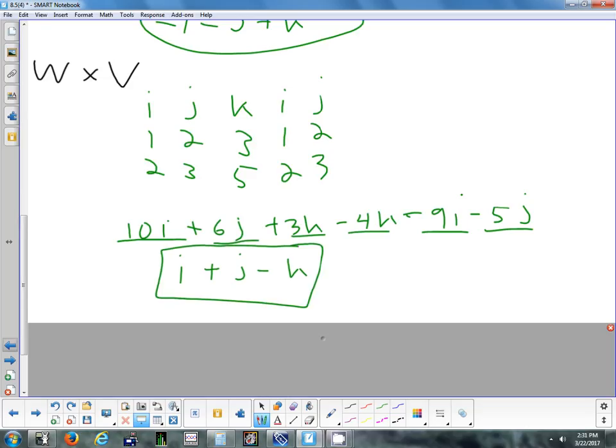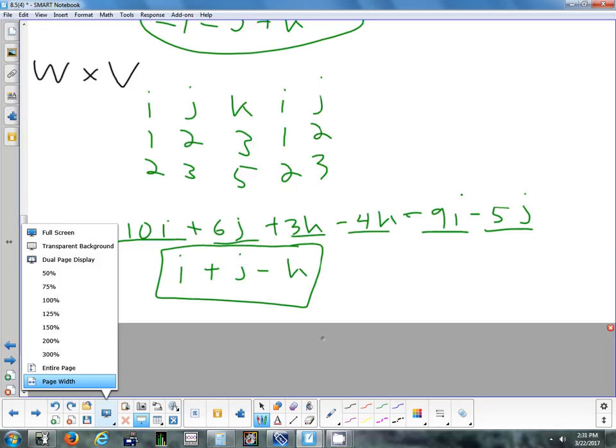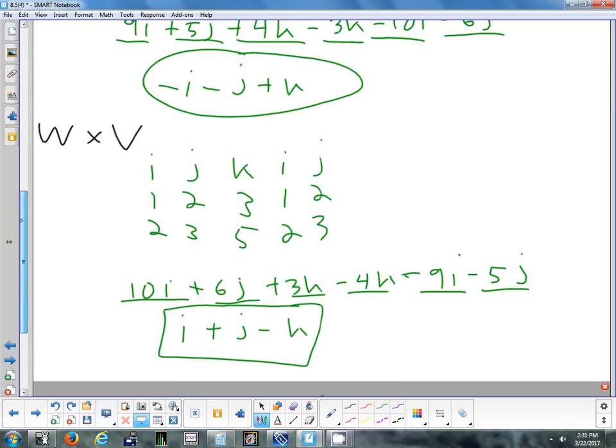Okay. Compare that answer to the one that we just got. The signs switch. So in terms of sketching it, what does that mean? What happens when you switch all the signs? What happens to the vector? The direction. Changes direction. How about magnitude? It's nothing.